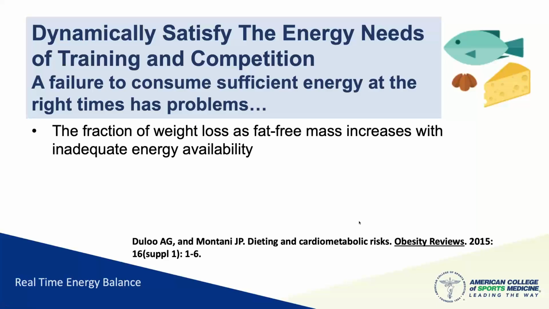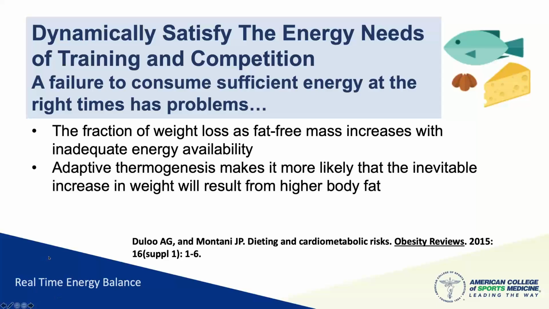Dynamically satisfying the energy needs of training and competition is extremely important. A failure to consume sufficient energy at the right times has a lot of problems with it. So a lot of people who are on weight loss diets find that the fraction of weight loss as fat-free mass increases with the inadequate energy availability. That's the last thing you want. In other words, you're losing more muscle than you are fat.